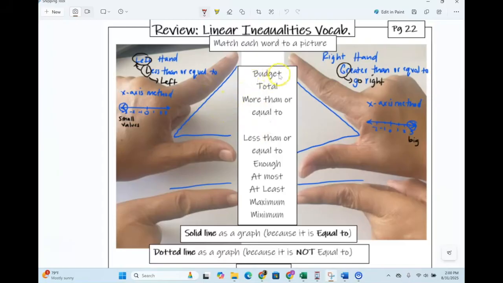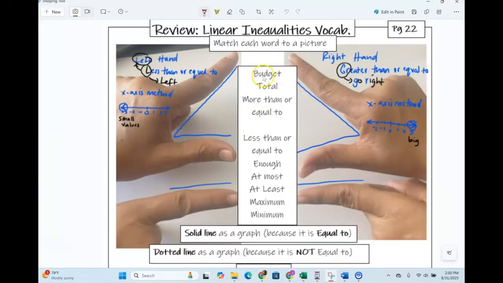So let's talk about a budget. Anytime you're thinking of these, just put yourself in a situation and see what you would do. If I have a budget of $20, that means I can use $17. Anything less than, and because I said the word less, my left hand, less than.